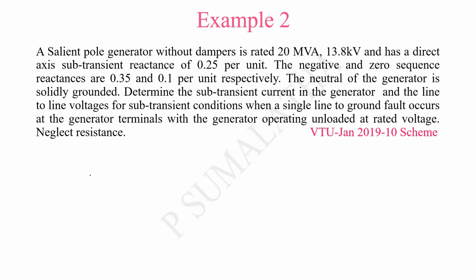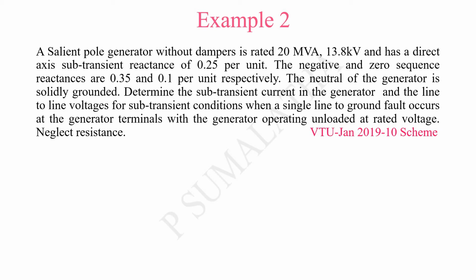Determine the subtransient current in the generator and the line-to-line voltages for the subtransient conditions when a single line-to-ground fault occurs at the generator terminals with the generator operating unloaded at rated voltage. Neglect the resistance.